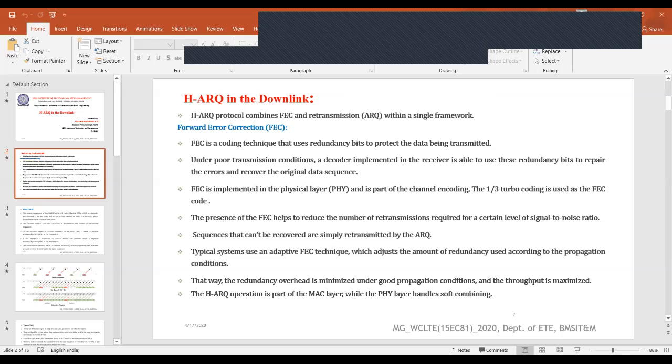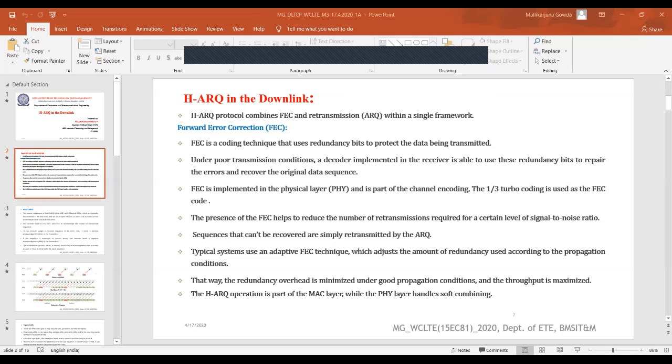In LTE, we use turbo coding as the forward error correction code with a coding rate of 1/3. As I said, this forward error correction helps to reduce the number of retransmissions required for a certain level of signal to noise ratio. The sequences that cannot be recovered will be retransmitted by the retransmission technique, that is ARQ. In LTE, we actually use an adaptive FEC technique.